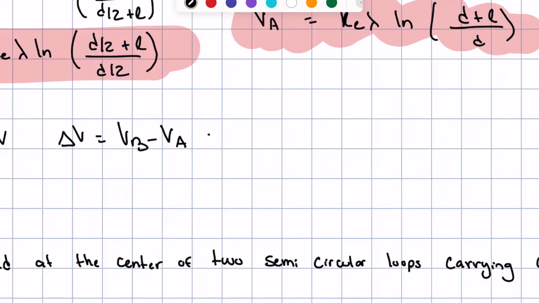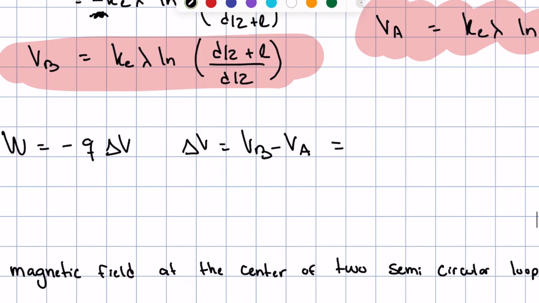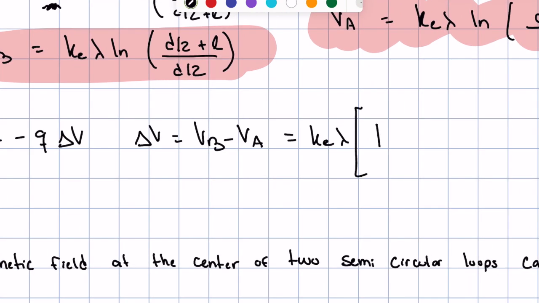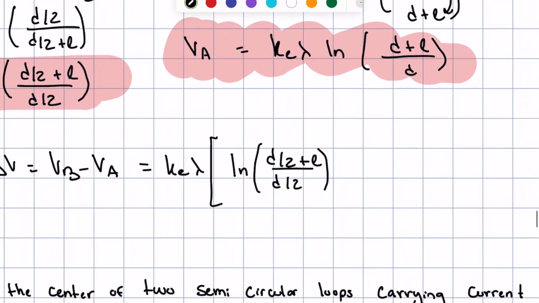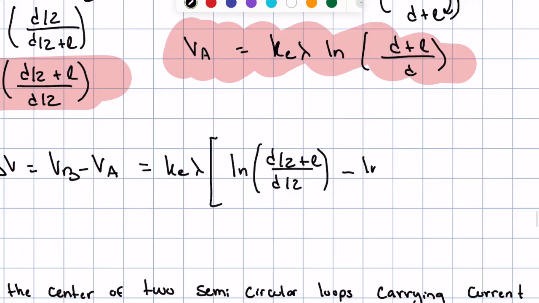So we have VB right there, Ke lambda, and then we have ln of d over 2 plus L divided by d over 2 minus ln of d plus L divided by d.